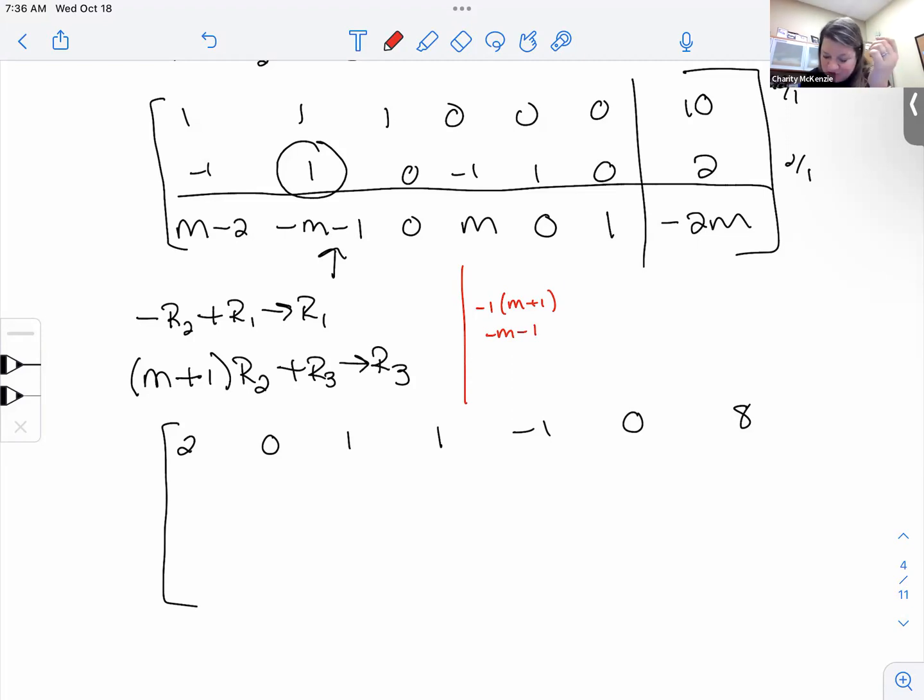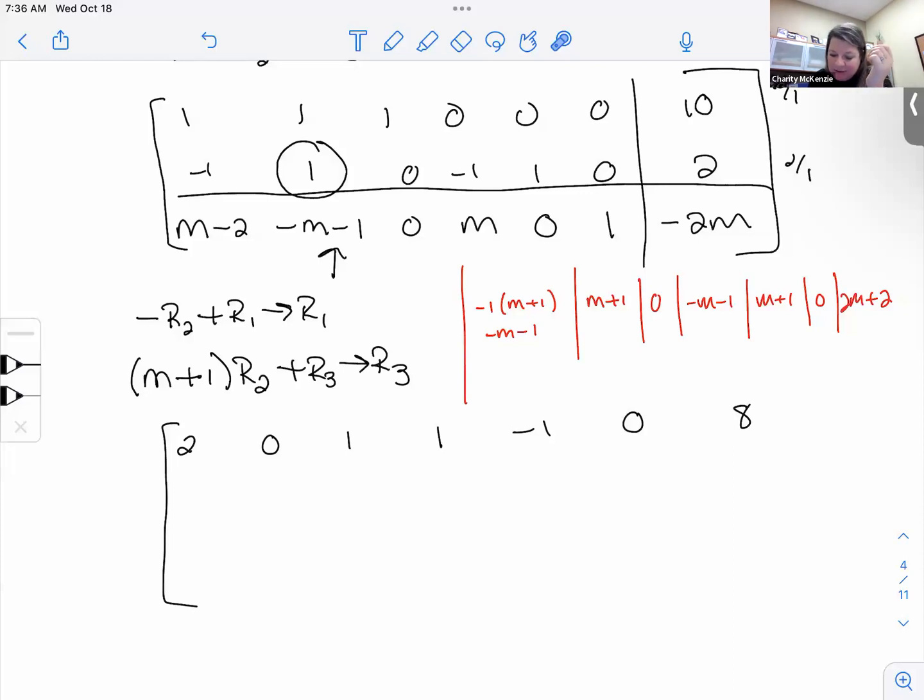Then the next term would be just M plus 1 because it's just a 1. The next one's a 0. The next one's another -1, so we'll just rewrite what we had on the other one. This one's a 1, and then a 0, and then a 2. So we'd have 2M plus 2, right? 2 times the M plus 1. So all I did is take this times this row, wrote them out with little weird lines.